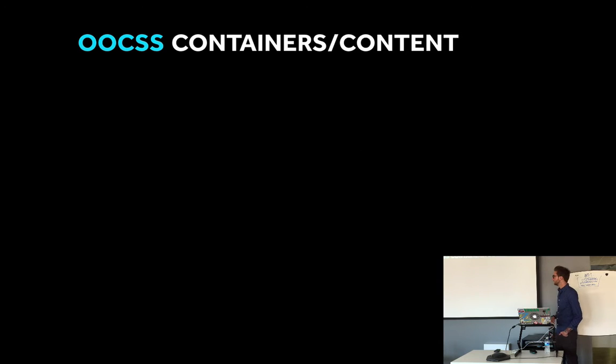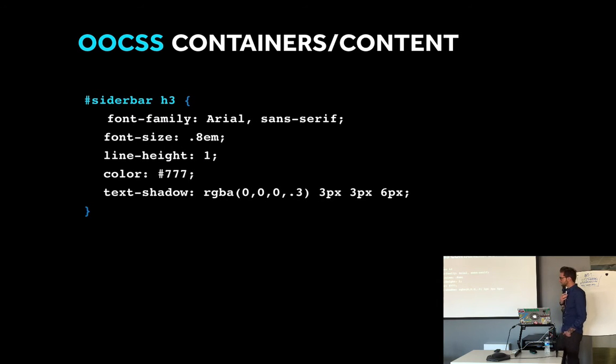The second one is, again, the separation of containers and content. Here's where I was talking about specificity within a dependency. So here's sidebar and an H3, or header 3, and it has some styling attached to it. Then if I wanted to apply that styling to, say, an H2 in my footer, it would look something like this.